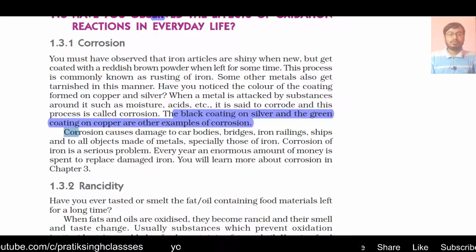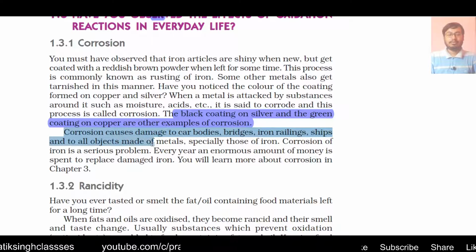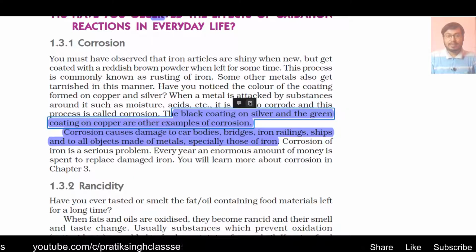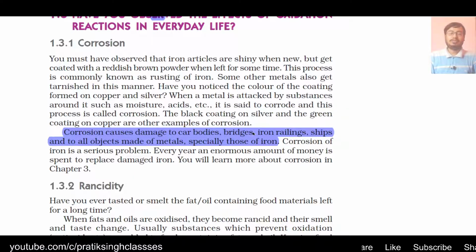Corrosion causes damage to car bodies, bridges, iron railings, ships, and all objects made of metals, especially those of iron. This line also suggests that corrosion happens to every metal, but mostly with iron, because the rate of corrosion in iron is very high compared to other elements.